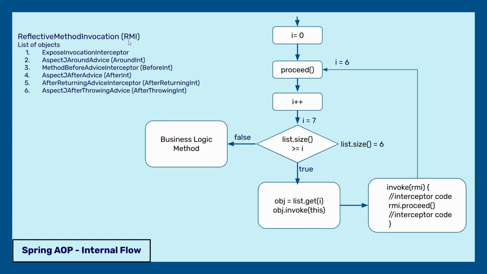Let's add some short forms for these. Let's call ReflectiveMethodInvocation as RMI, and we will not consider this ExposeInvocationInterceptor because this interceptor just stores the state of execution before this advice interceptor's execution takes place, and hence we will ignore this in our execution flow.